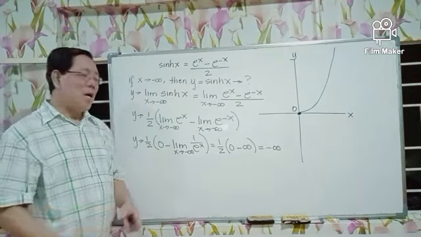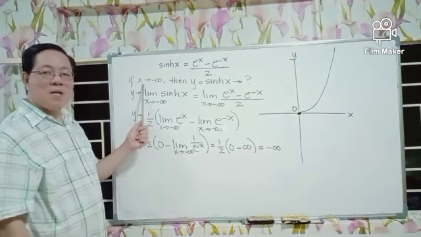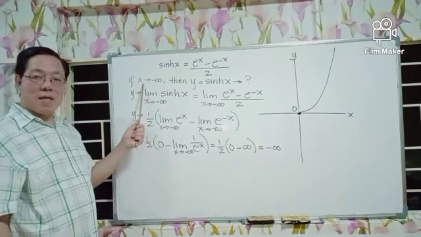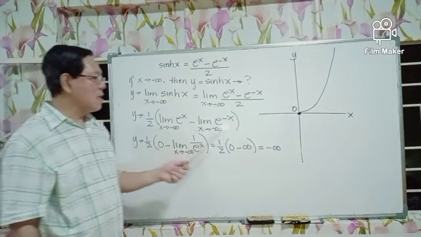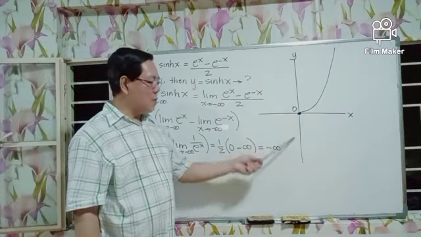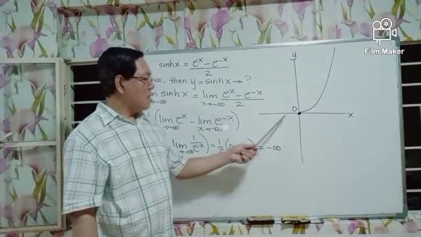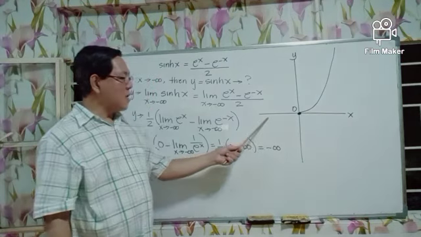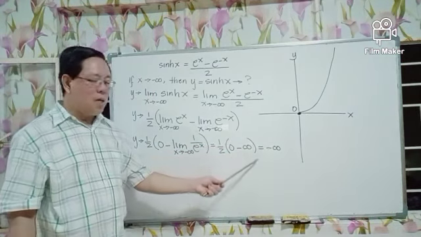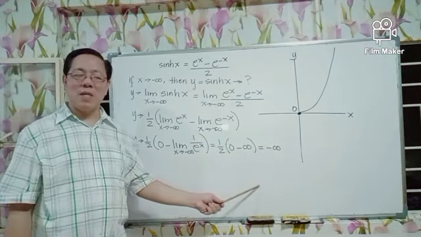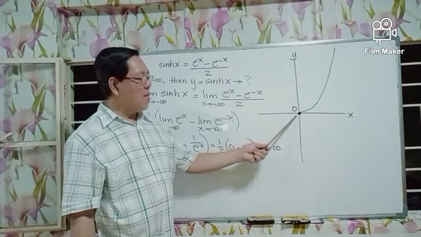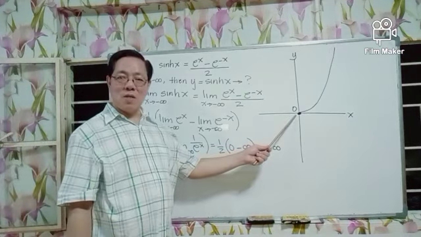Hence, we have shown that if we let the values of x decrease, approaching negative infinity, the value of y will approach negative infinity. That is for values of x before x equals 0.